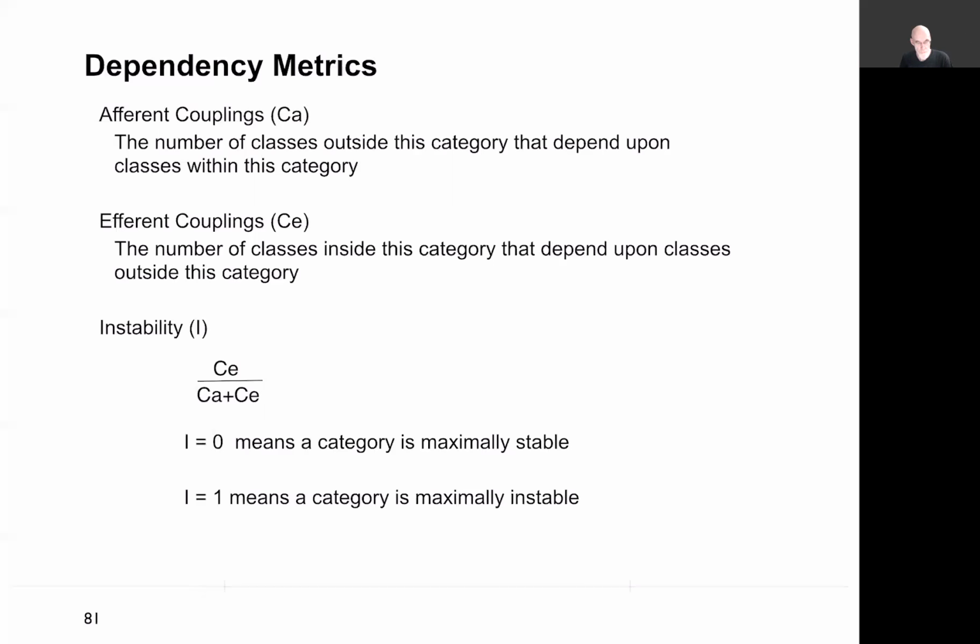And so we're trying to measure the difference between how many things you depend upon and how many things depend upon you. So it's the idea that the more things that depend upon you, it's likely that there are fewer things that you depend upon. So when you think of the two extreme cases, it sort of makes sense.